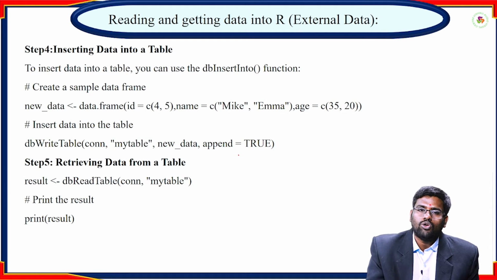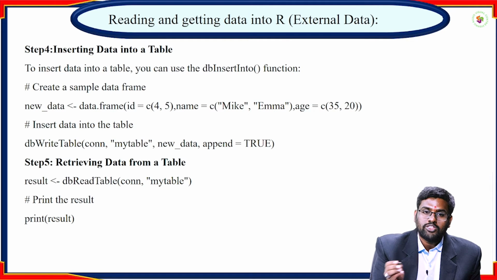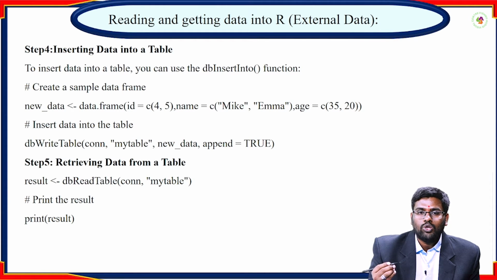Append equal to TRUE is used to add more rows to our existing table. Whatever we want to add is stored in the new data, and those two rows will be added into our database. So now finally our database has 1, 2, 3, 4, 5, a total of 5 IDs, 5 names, along with 5 ages. So a total of 5 rows will be stored in our database.